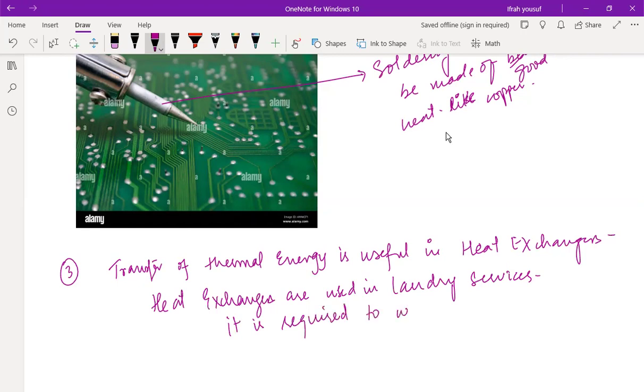It is required to warm, and to clean or clear the water. We can say clean or clear, right?